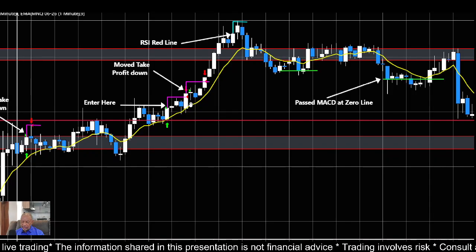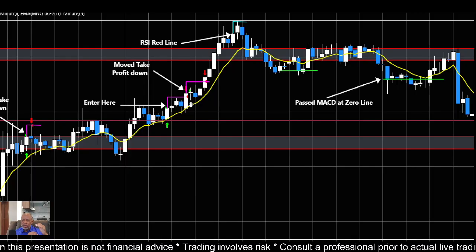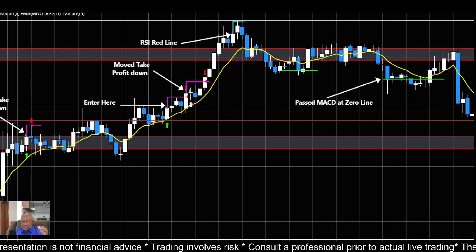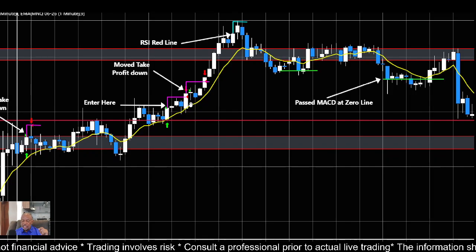You can right click on the screen and it will give you a window. It's going to be a long window. And on the right side, you're going to see closer to the top, like the top 1/3 of this long window that it's going to give you, it's going to say buy market or sell market. You can click on buy market if you want to go up. You can click on sell market if you want to trade down.